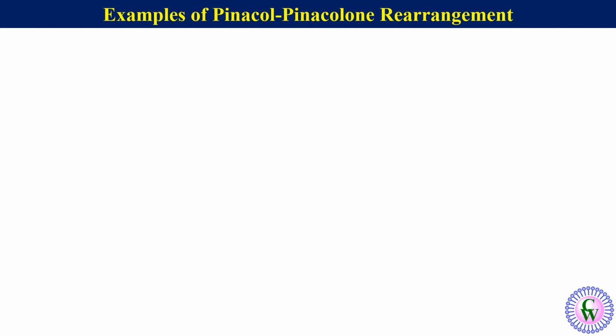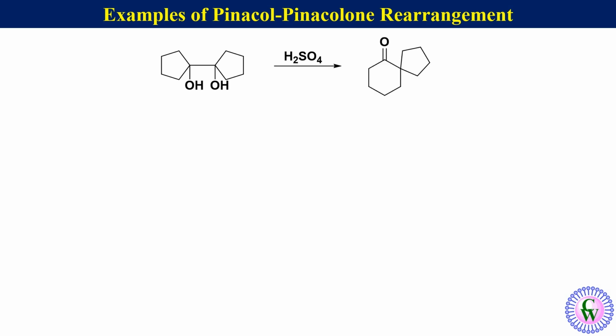Let's have the example of bicyclopentyl diol. When it is treated with H2SO4, it rearranges to spiro[4.5]decan-6-one. Let's see how this transformation occurs. In the presence of acid, there is protonation of one of the two hydroxyl groups to produce protonated diol.